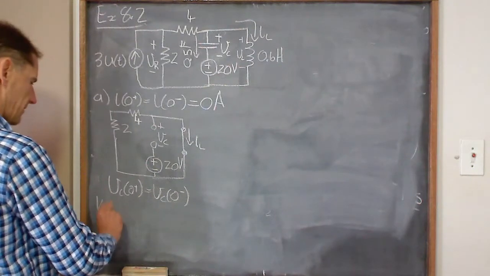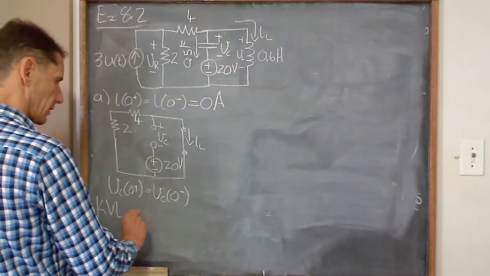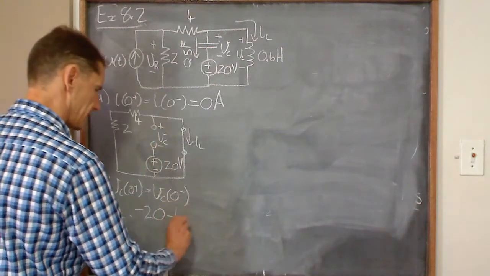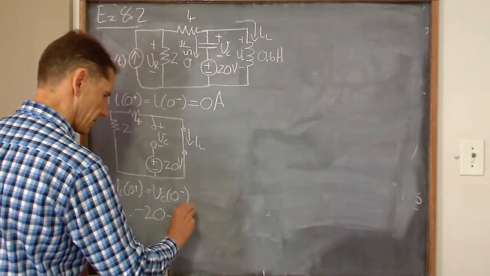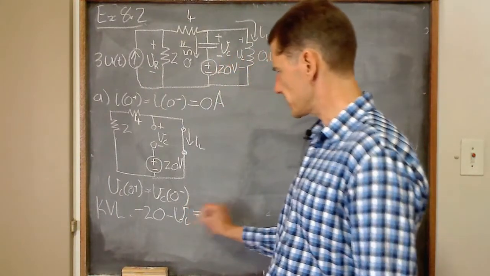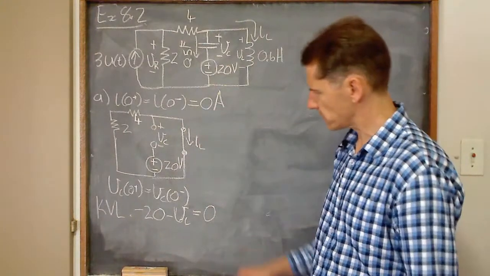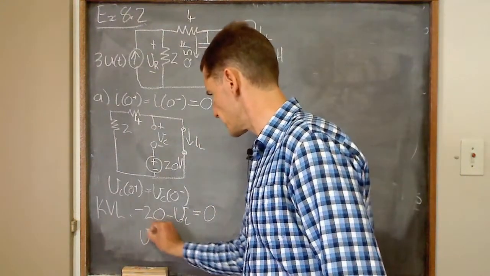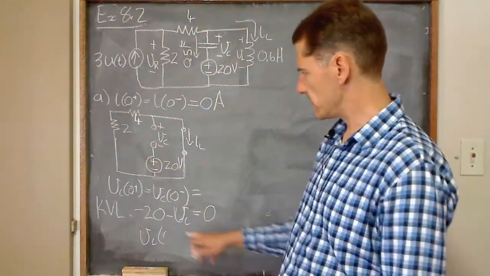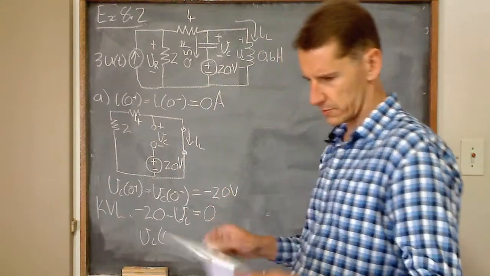So if we do a KVL in this loop, we've got minus 20, minus VC, must equal 0, because it's a short circuit over the inductor, so that's a short. So in this sense, we can see that VC at time 0 minus equals minus 20 volts.